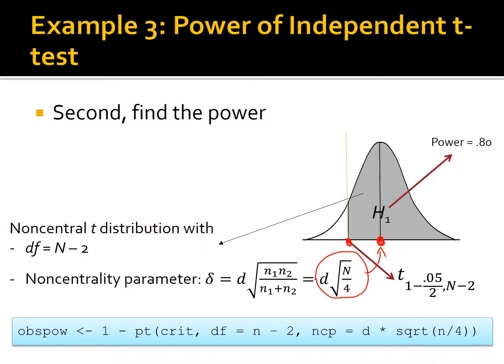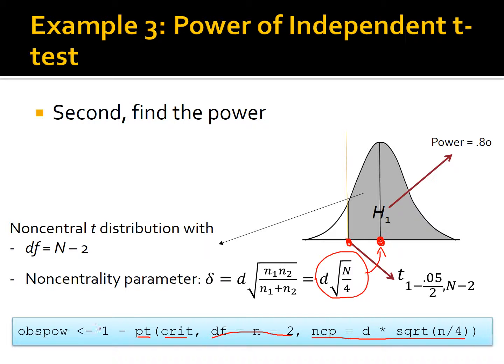Then I could find the observed power, which is 1 minus pt, which changes from the percentile point to the percentile proportion. In pt, I put the critical value over here, and the degree of freedom is n minus 2, and the non-centrality parameter is d times the square root of overall n over 4.